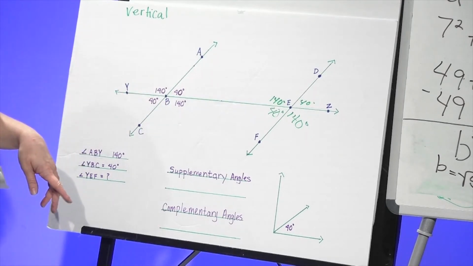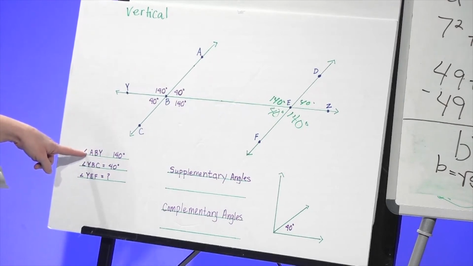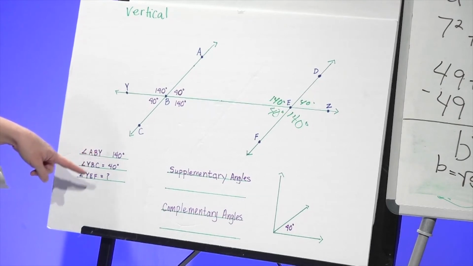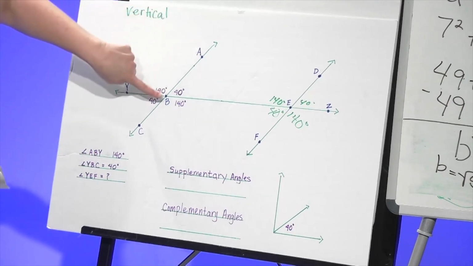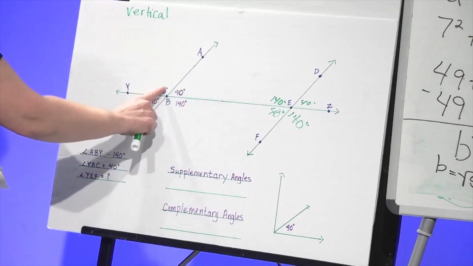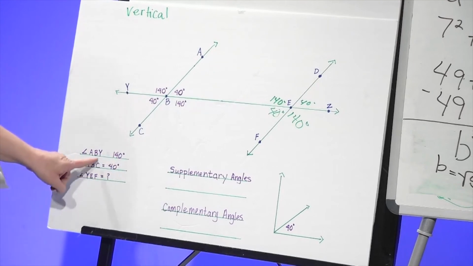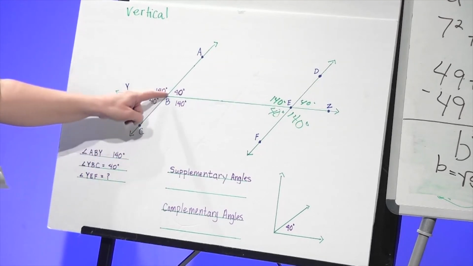Also notice the way the angles are named. When you see this sign, that means it's naming an angle. So angle ABY is this 140 here, so it's 140 degrees, as long as that middle letter is the middle point.